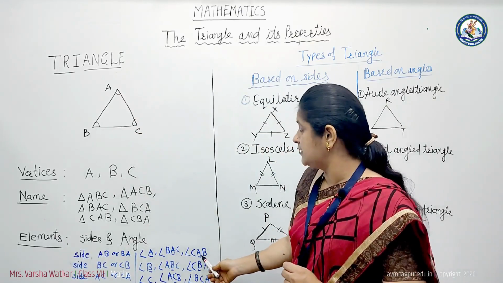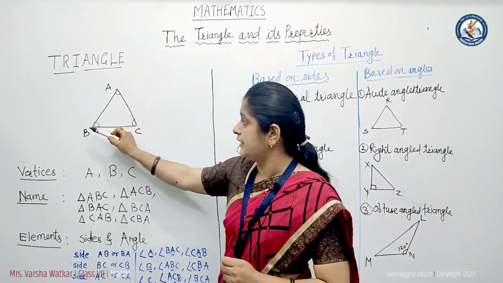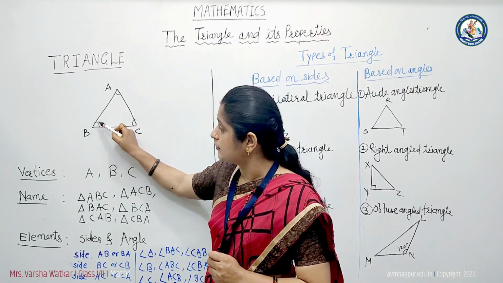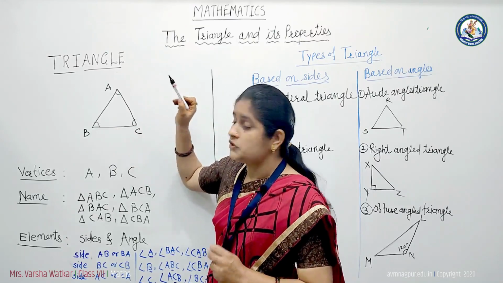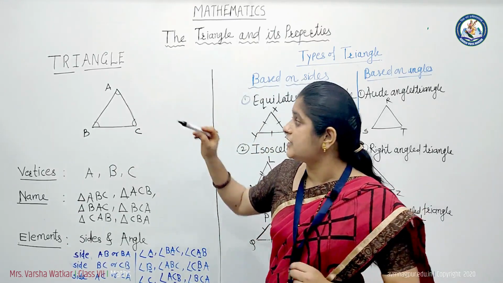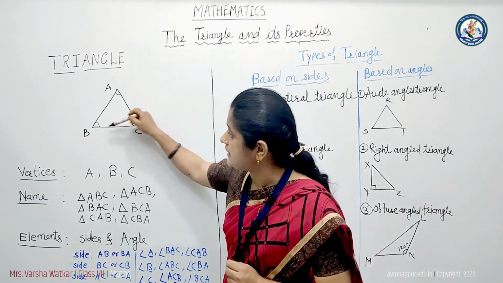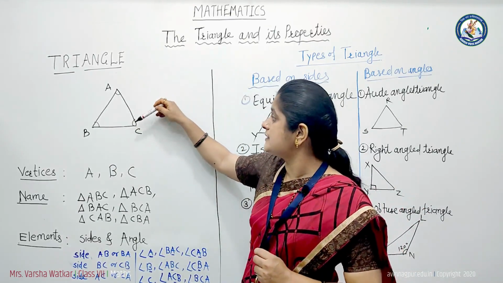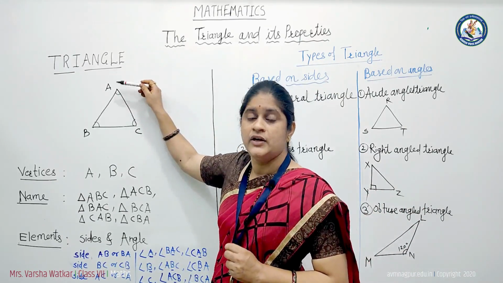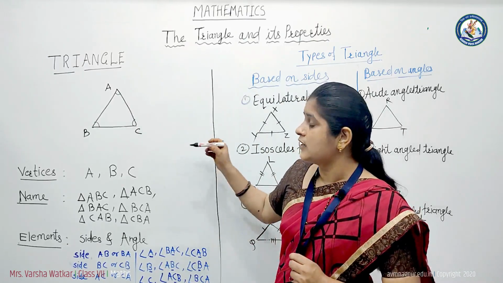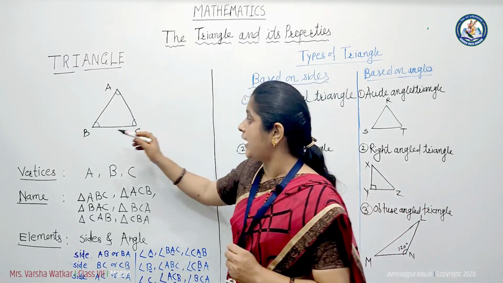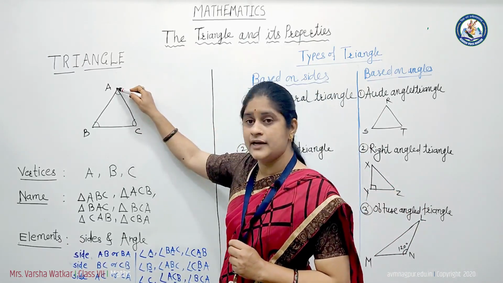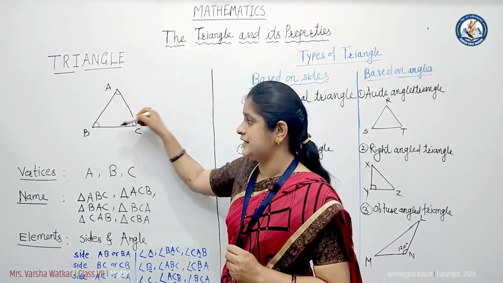If we have to write angle B using three letters, angle ABC or angle CBA. If we have to show angle C using three letters, angle BCA or angle ACB.